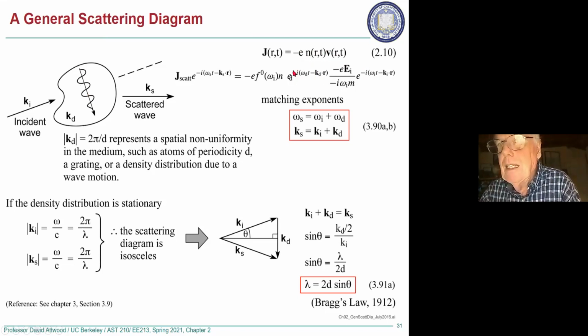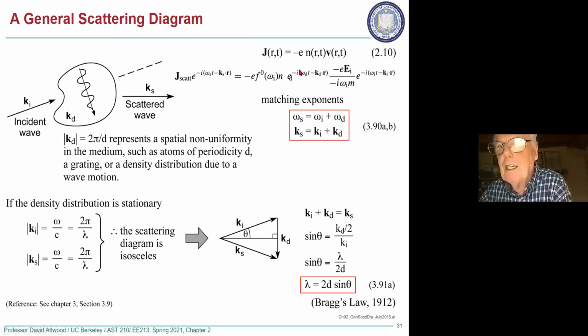But the density, this is the crystal. For instance, if the crystal is not moving, omega d is 0, but this would be 2 pi over d, the interplanar distance, okay? This is just the amplitude. And anyway, if you match, this is the scattered radiation, which depends on the incident wave and the density or modulation in the material. And if you just match the exponents, you know the amplitudes are going to match. We sort of did that.